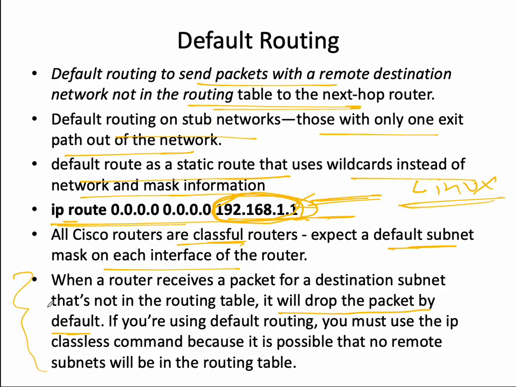So when the router receives the packet and looks into the routing table and doesn't find any entry, simple, it drops it. If you are using default routing, you must use the IP classless command because it is possible that no remote subnets will be in the routing table. We'll look into it in the routing labs.